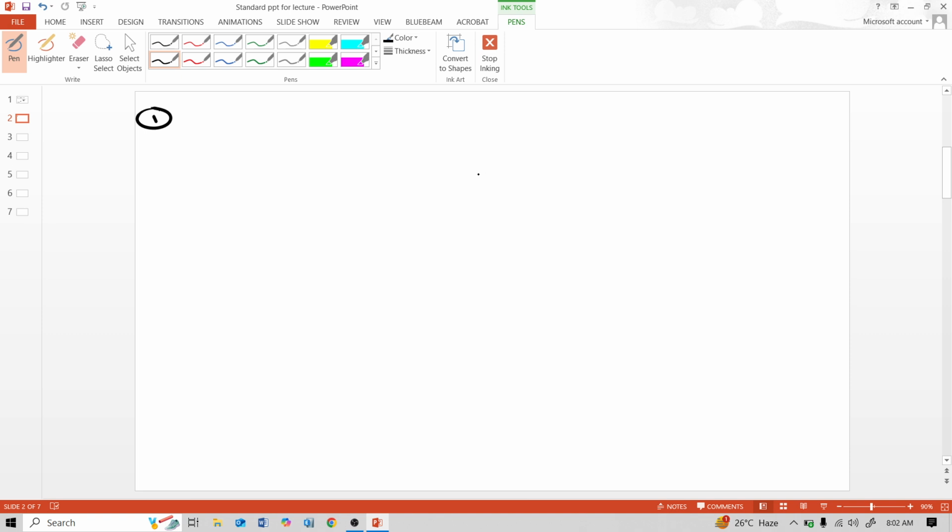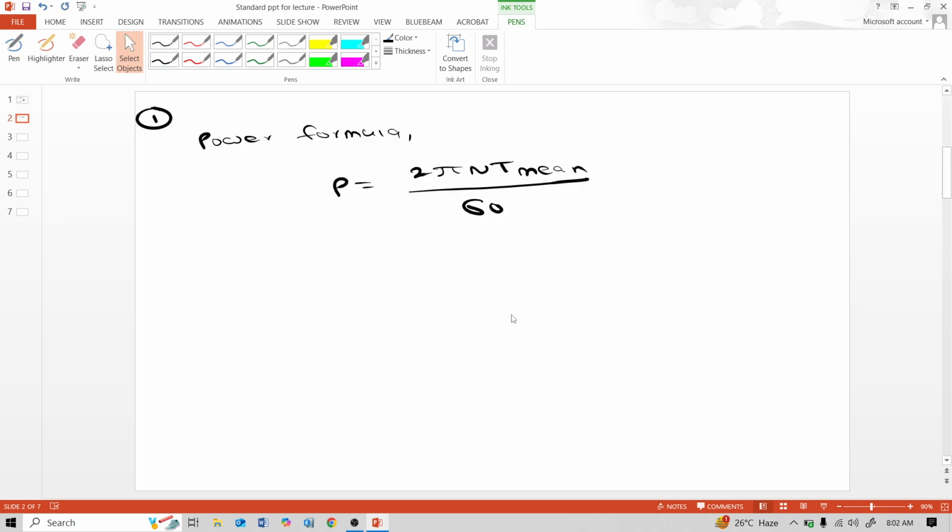First step, power formula. P is equal to 2 pi N T upon 60, and this T is T mean. P is 220 into 10 raised to 3, N is 225.